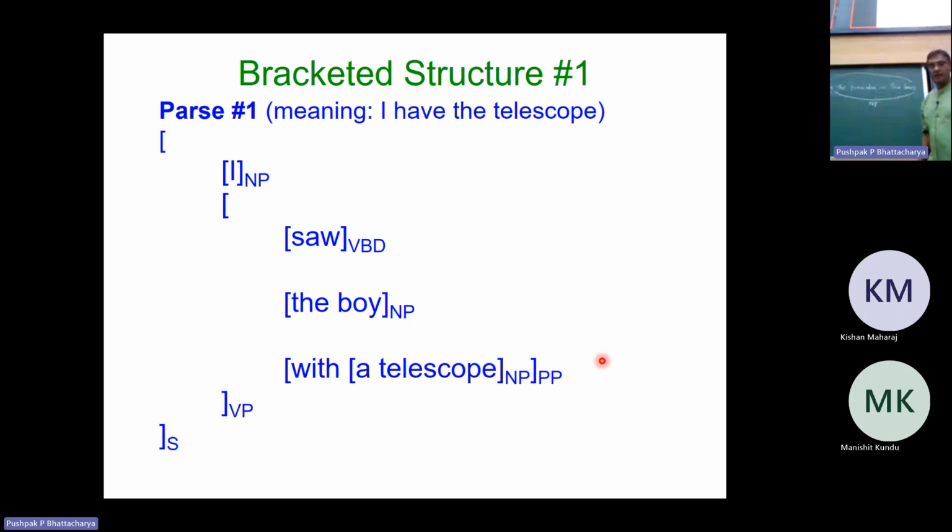Okay, so that is a machine learning problem. Parsing is also a sequence labeling problem.